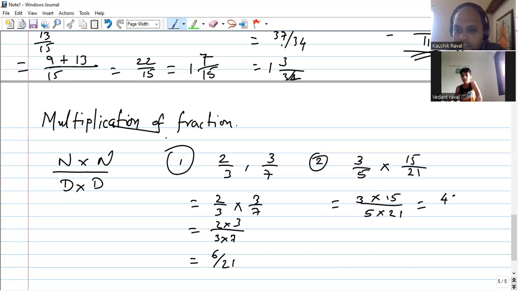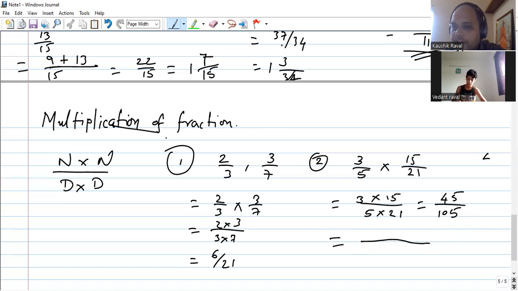45 upon 105. Now do they have something in common? This is where what you studied in grade 6 and lower standards, factors, come in, right? You have to find common factors. So what you do is instead of writing 3 by 15 or 45, you write them in the form of simplest factors.